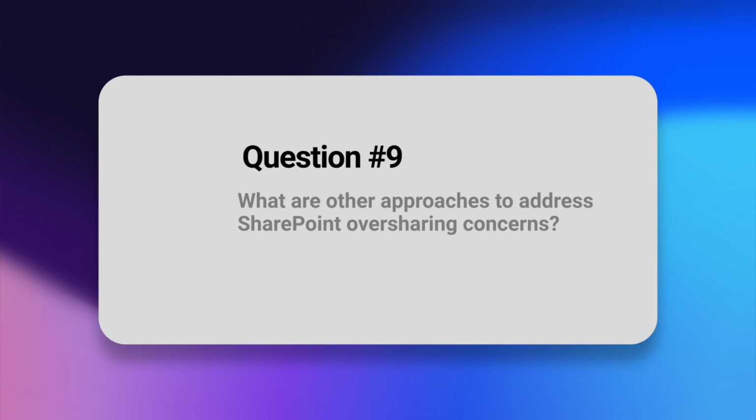What other approaches can you take to address SharePoint oversharing concerns? Implementing restricted SharePoint search is a temporary option to give you time to review and audit site permissions to further manage SharePoint site access. You can implement more things like advanced access policy and advanced site content lifecycle management through some of the additional SharePoint Advanced Management tools that we went through, as well as Microsoft Purview.